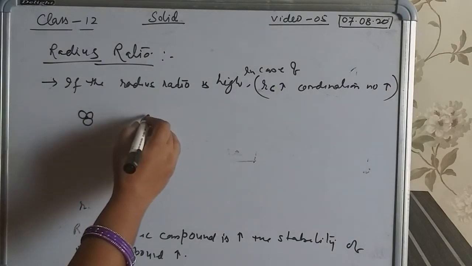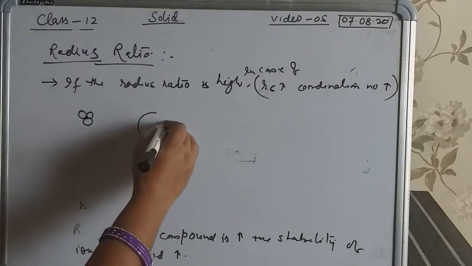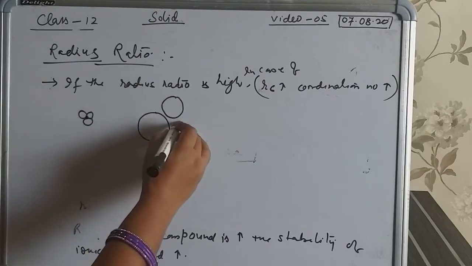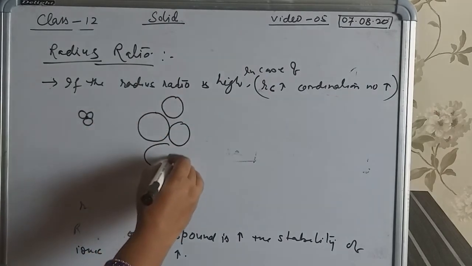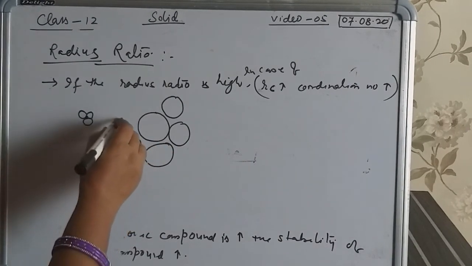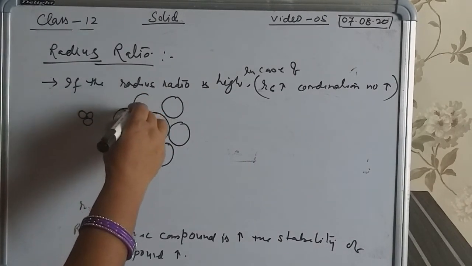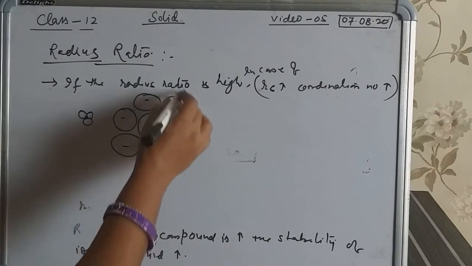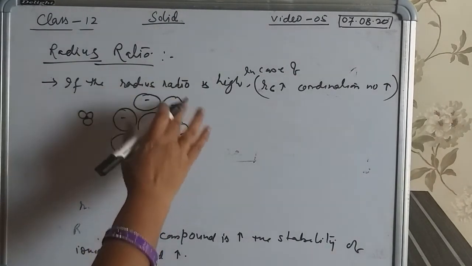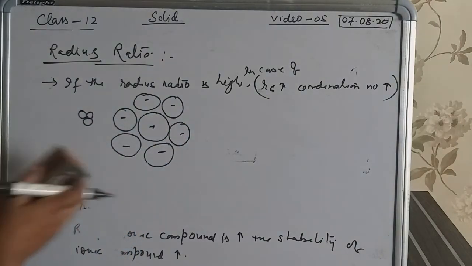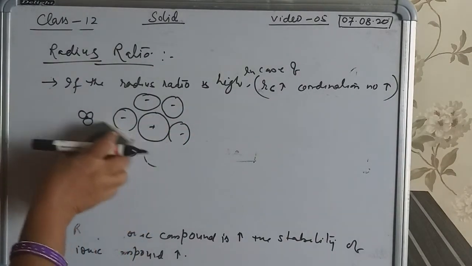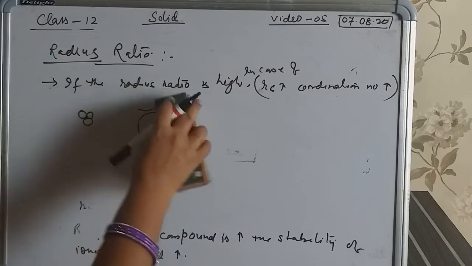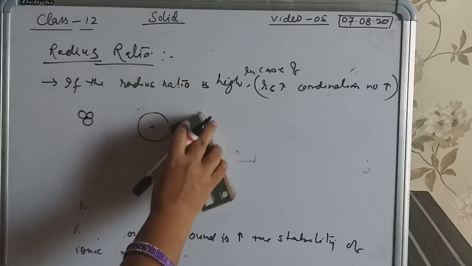So the bigger the size of cation, the more the coordination number, meaning more anions surrounding, and the greater the number of anions, the more stable the cation.